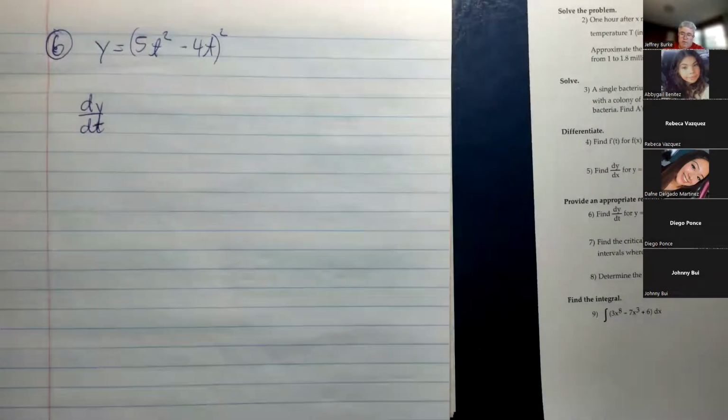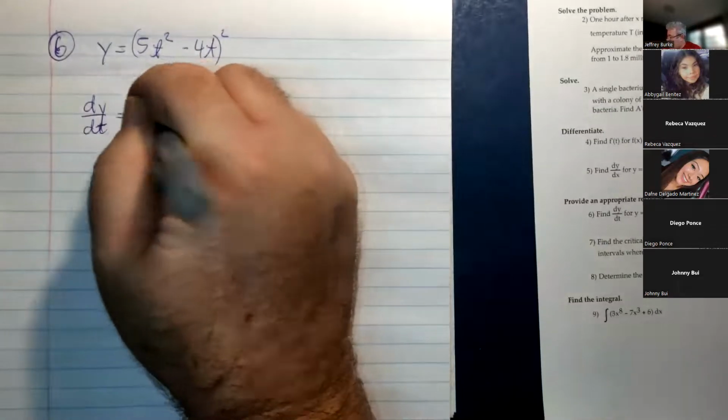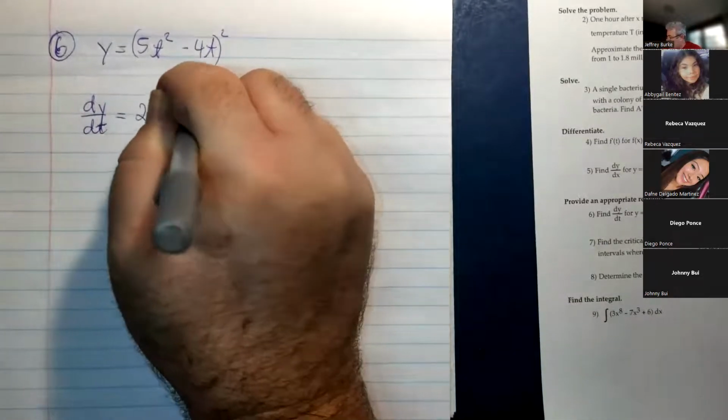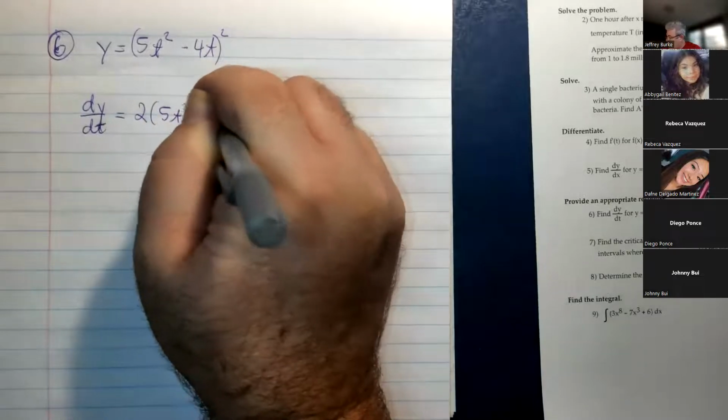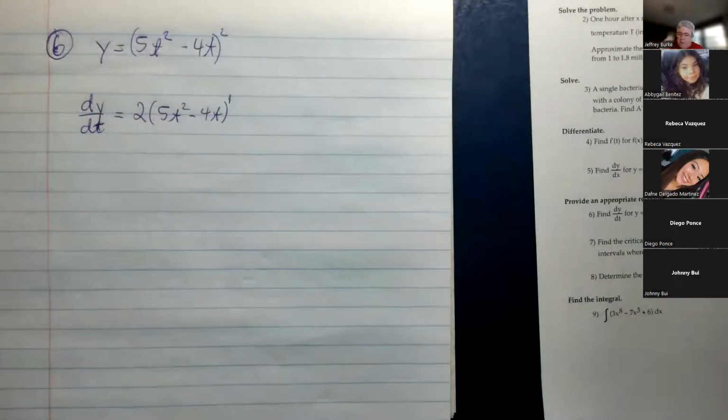So one thing you could do is you could apply the chain rule, which is a rule we've learned, where we're going to multiply this whole thing by 2. So it's going to equal 2 times the quantity of 5t squared minus 4t. And that'll be raised to the 1. So it's just like that kind of disappears.